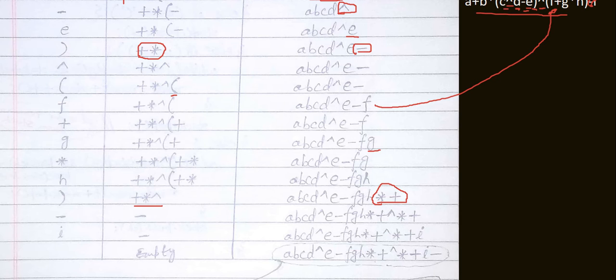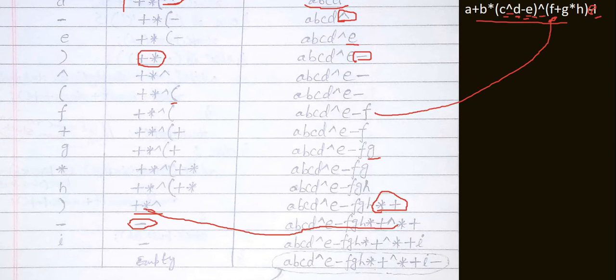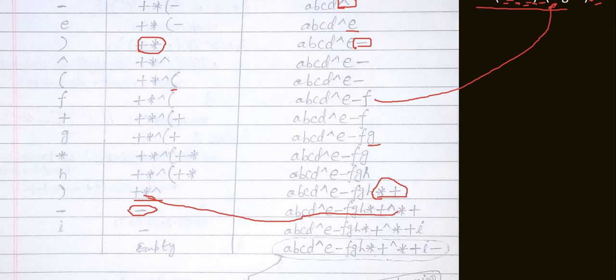As you can see here, first the exponent will pop out, and then the multiplication, and after that the plus pops out and is concatenated with the output expression. Now push the minus, and after the minus, I is encountered, which is an operand, and we know we just concatenate it with the output expression.